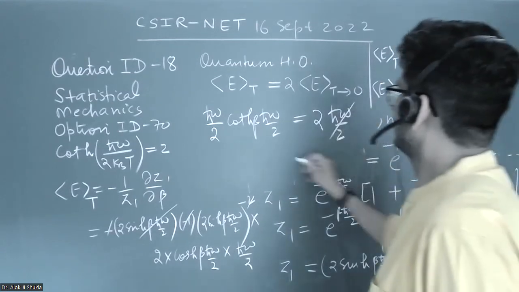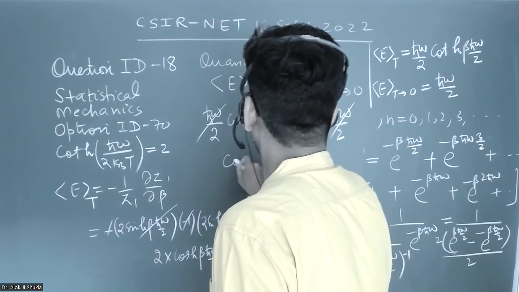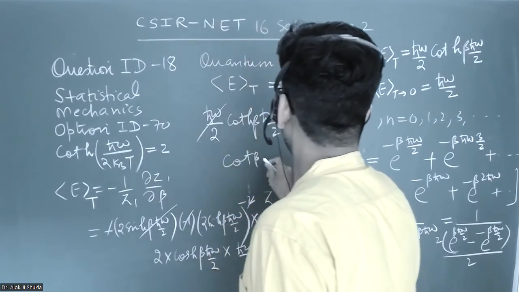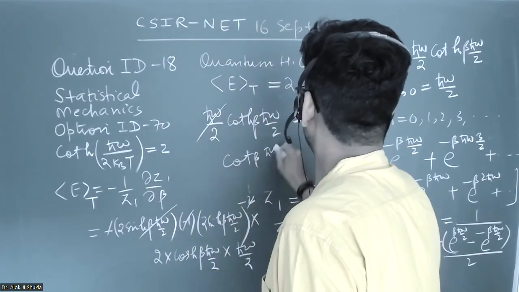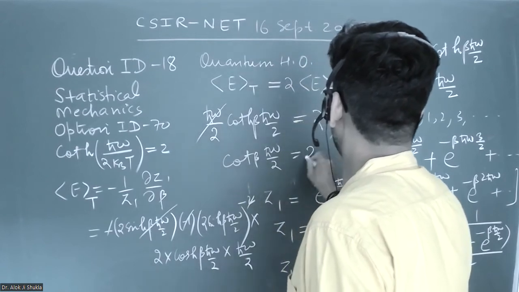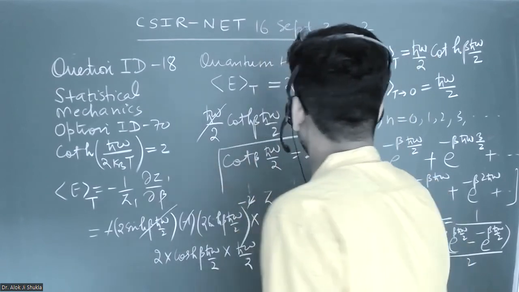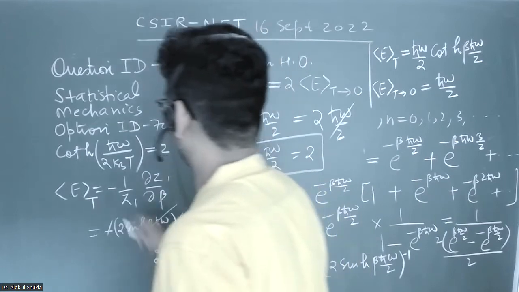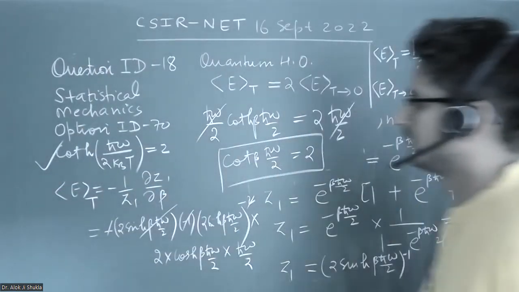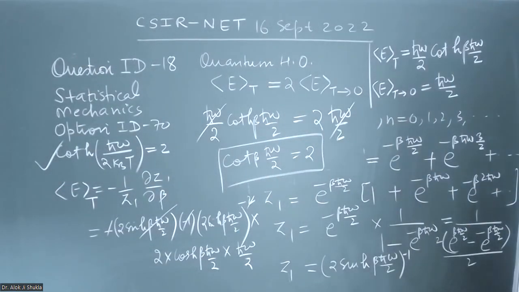So this will cancel and we will get coth of beta h cut omega by 2 is equal to 2. So that's why this is the correct option, which is with option ID 70.